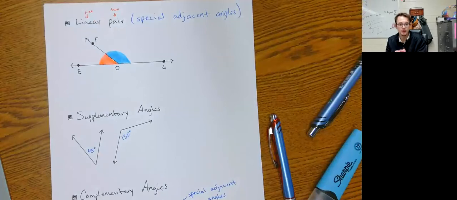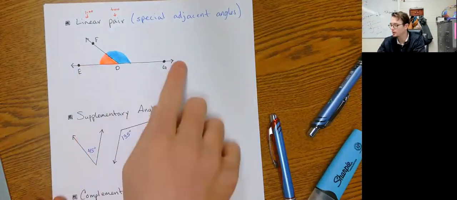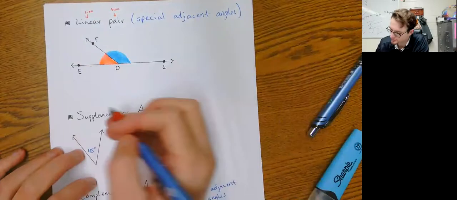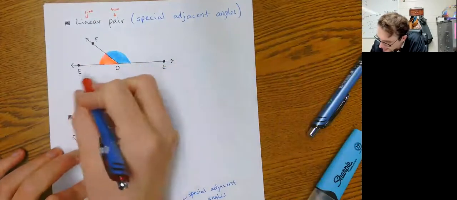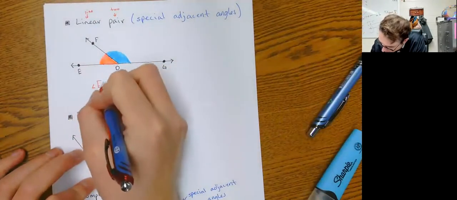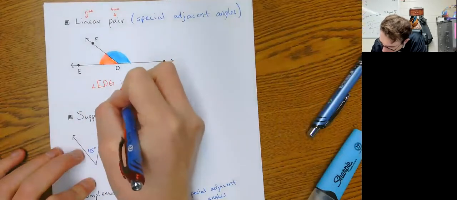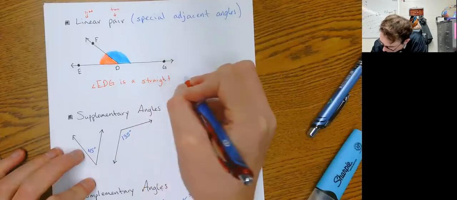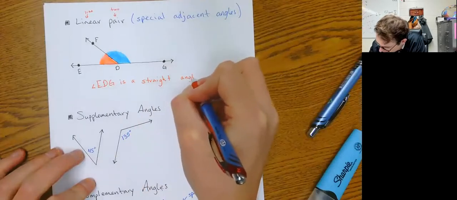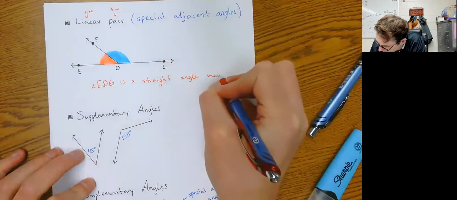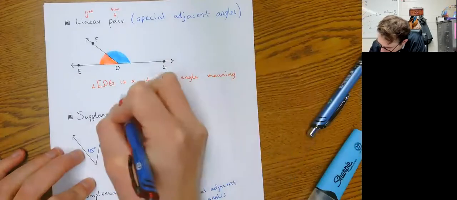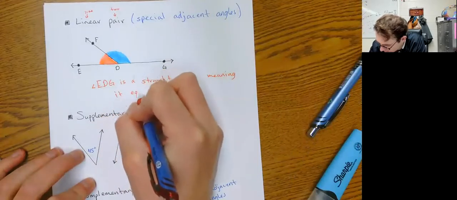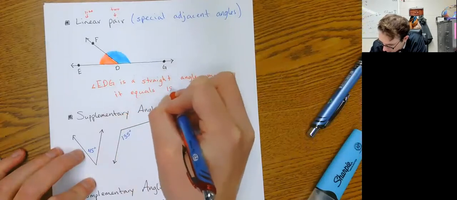Now, what's special about a line? Well, what's special about a line is 180 degrees, because this angle EDG is a straight angle, meaning it equals 180 degrees.